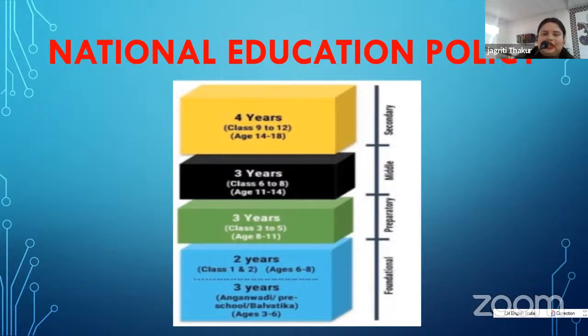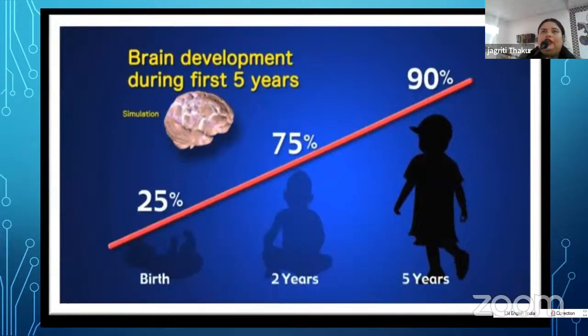Later, classes 1-2 are added to this period too. But today we will talk about only children from 3 to 6 years old. In this session you will be able to know some interesting and shocking facts. It's very shocking that 90% of the brain develops by the age of 5 years.